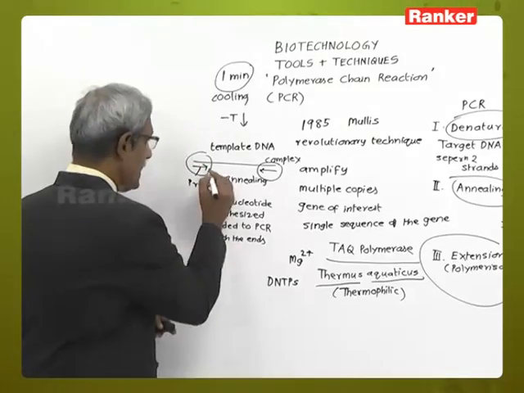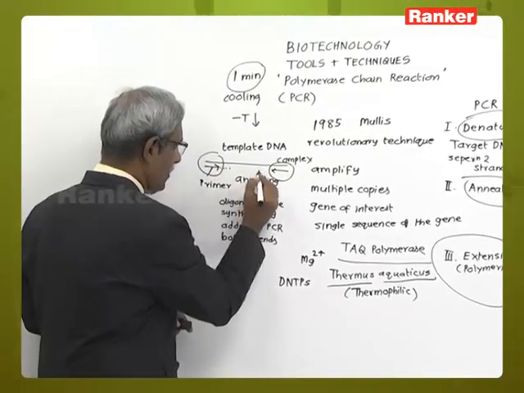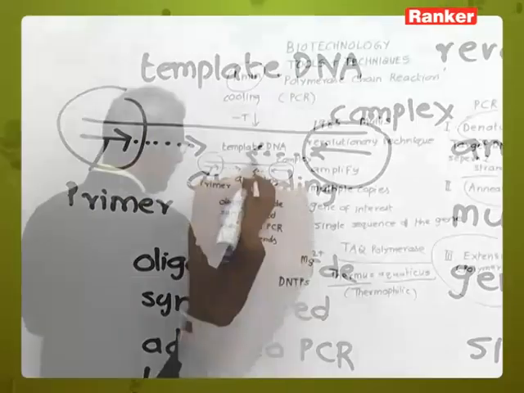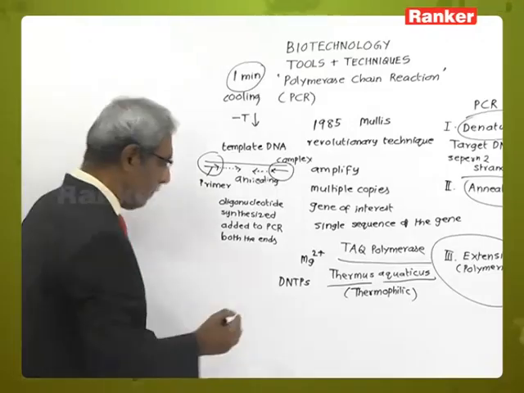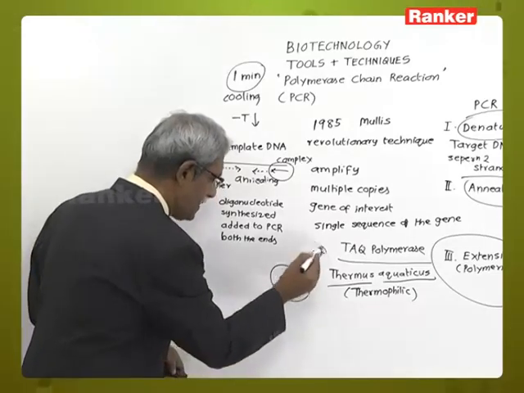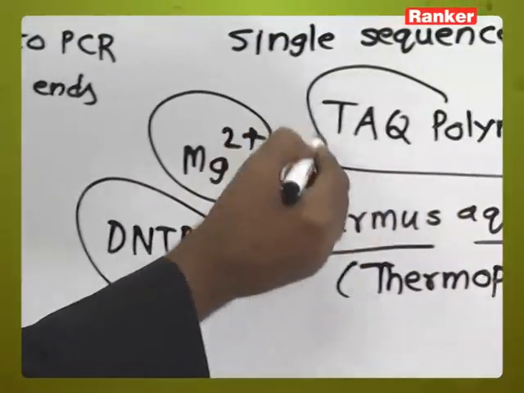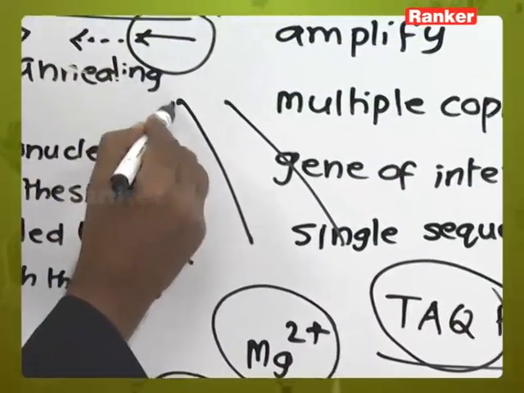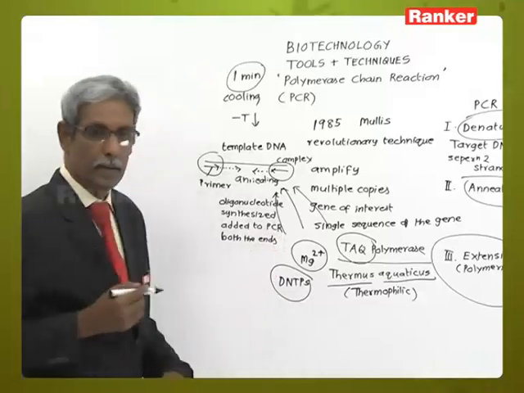So, here we understand that the primers will use the free nitrogen bases and they will be extending towards each other. They will extend towards each other by using free dNTPs in the presence of magnesium and also in the presence of Taq polymerase. All three are needed over here.